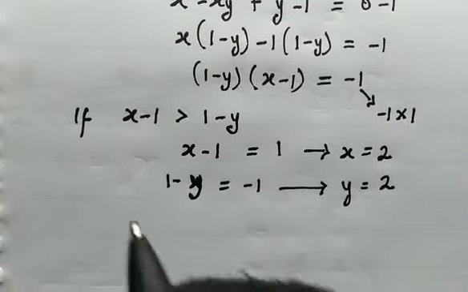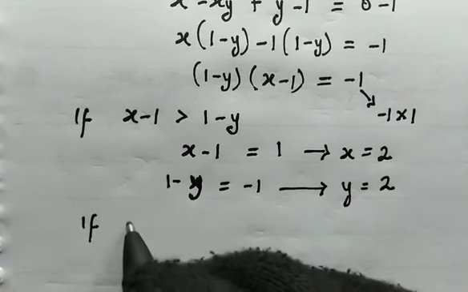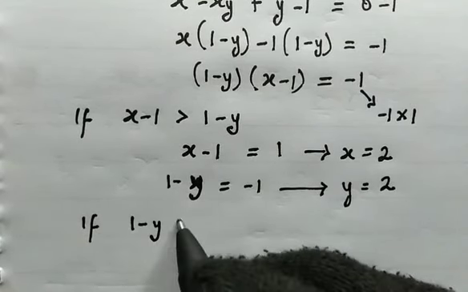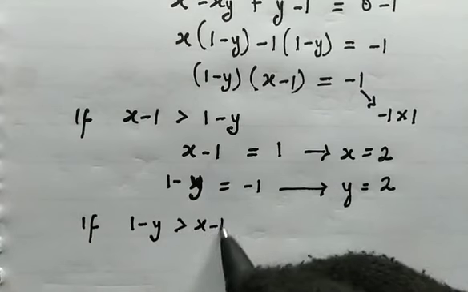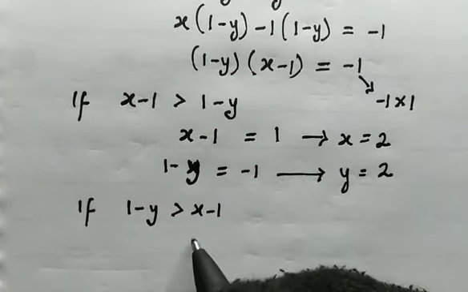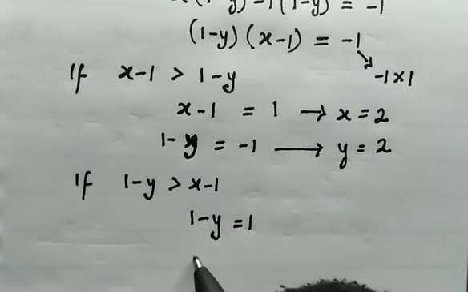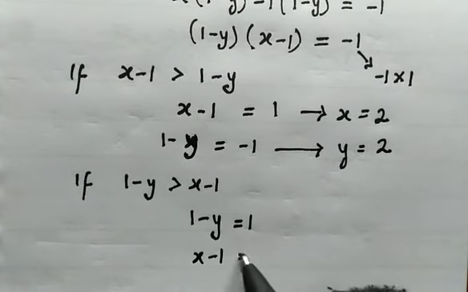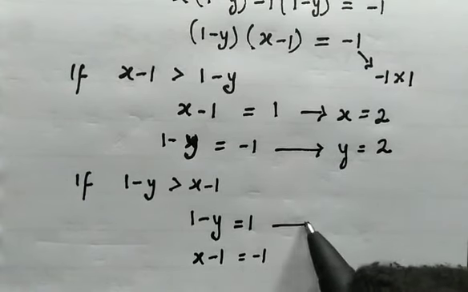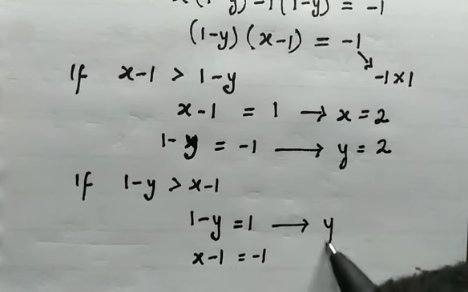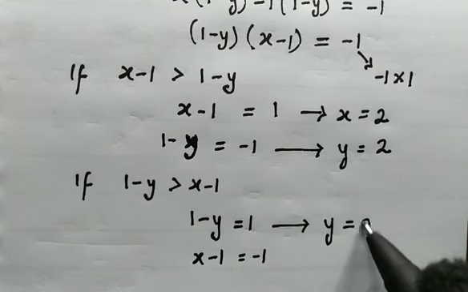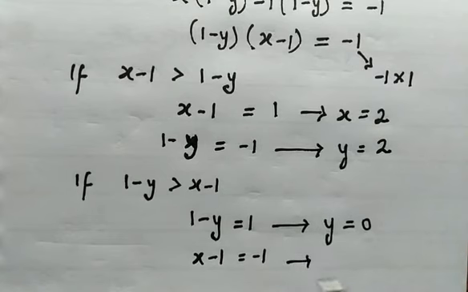Now, the other case here is if 1 minus y is greater than x minus 1. Then we have that 1 minus y is equal to 1, and x minus 1 will be equal to negative 1. If you solve for y, we get y is equal to 1 minus 1, which is 0. And if you solve for x, x is equal to negative 1 plus 1, which is 0.